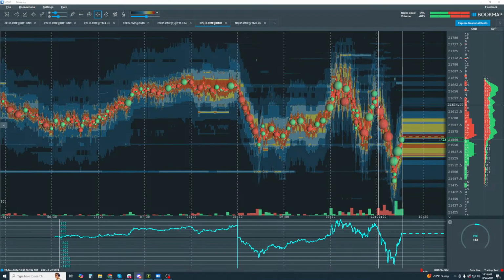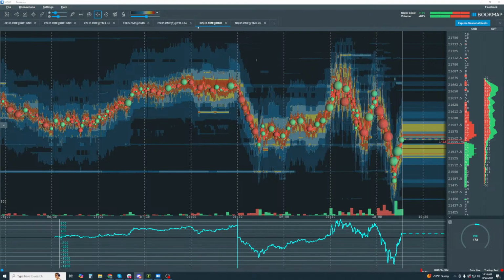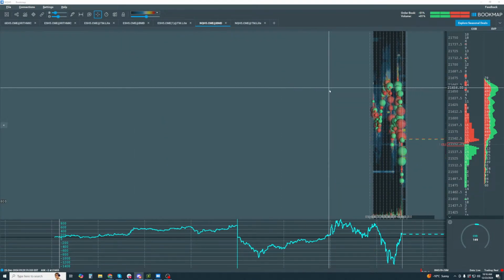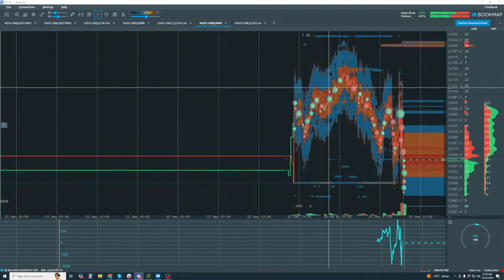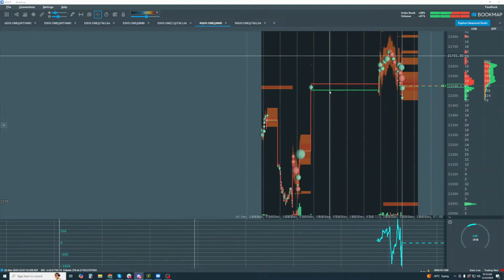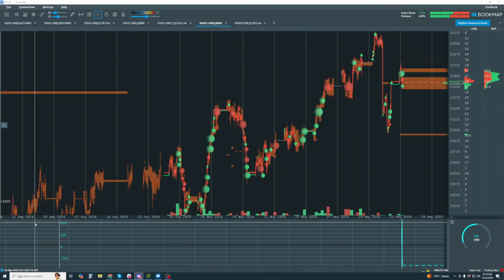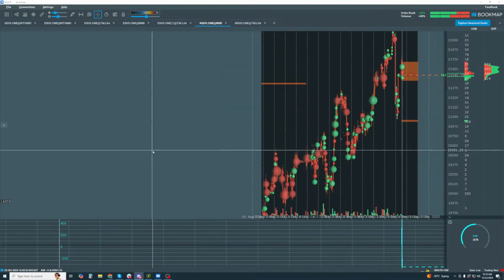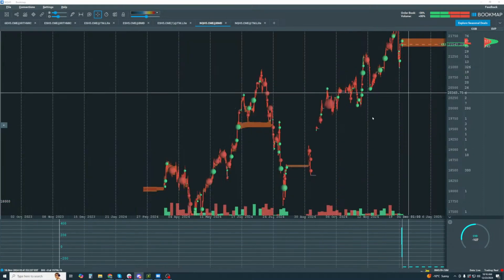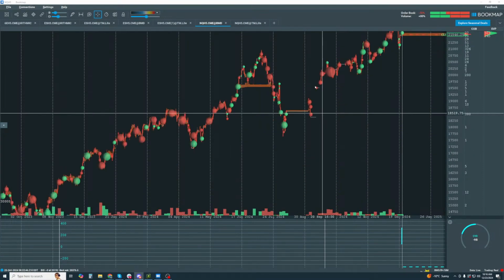What we're looking at is the NQ, and I can zoom out and show you what the NQ looks like back to 2000. I'll just keep going here. Now this is a continuous contract.